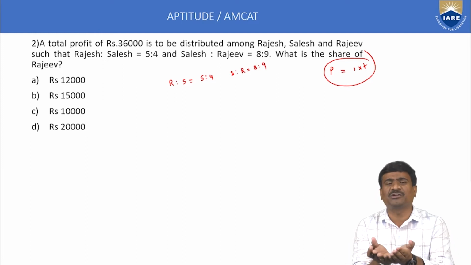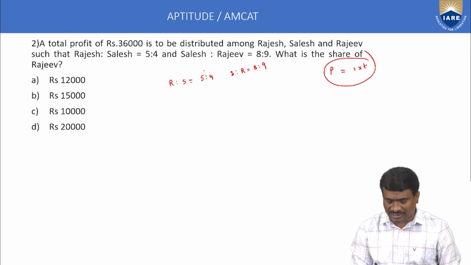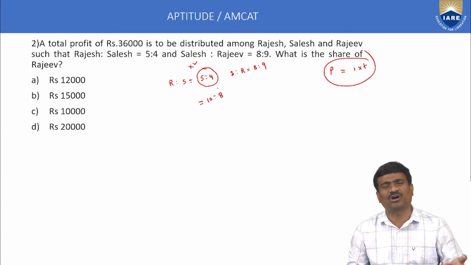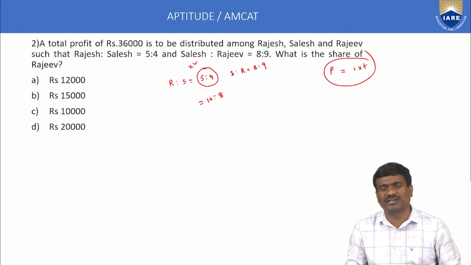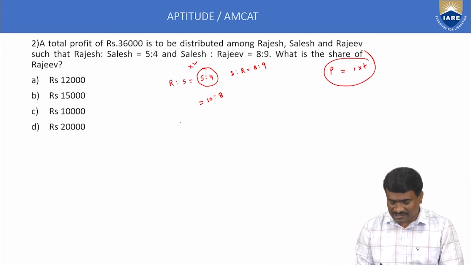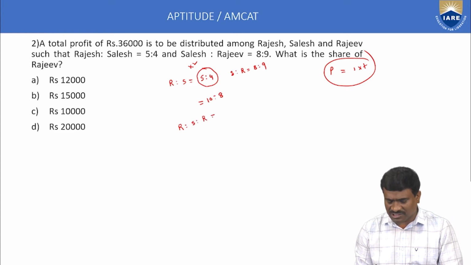Convert that number into a fixed one, suppose the ratio 1 multiplied by 2, then 5:4 is also written as 10:8. Then Rajesh is to Salesh is equal to 10:8 and Salesh is to Rajiv is equal to 8:9. Then the Salesh term is constant, write A is to B is to C, then Rajesh is to Salesh is to Rajiv is equal to 10:8:9.